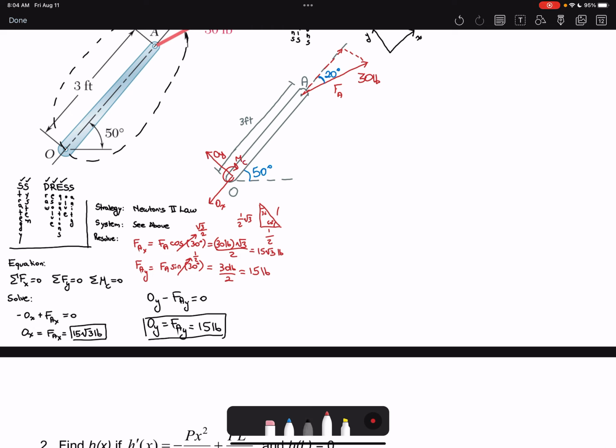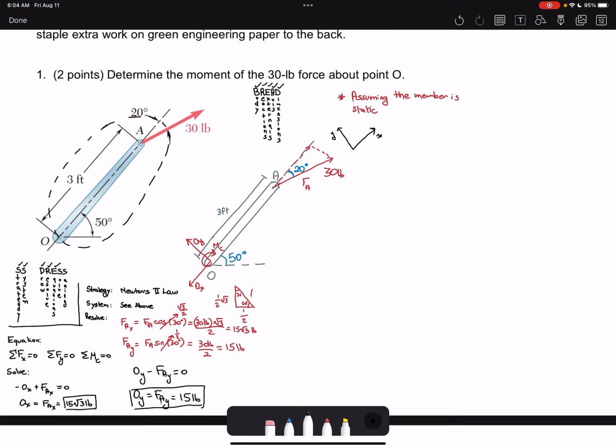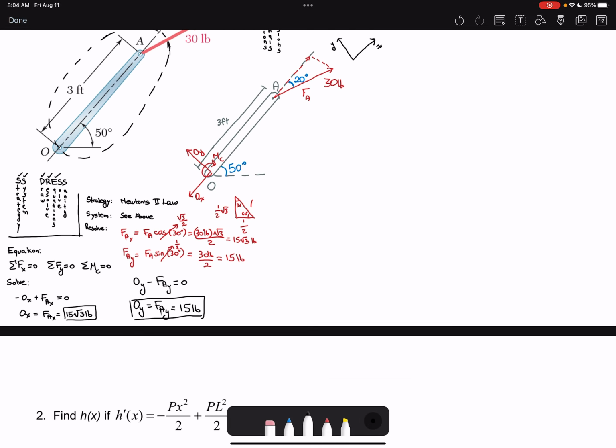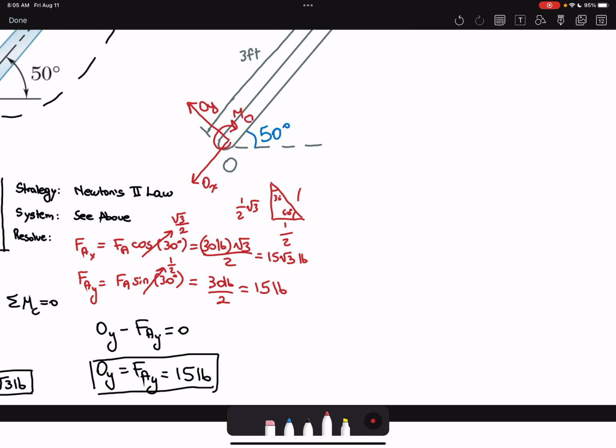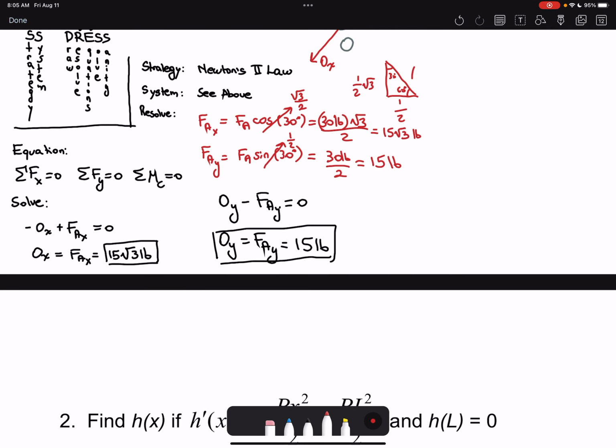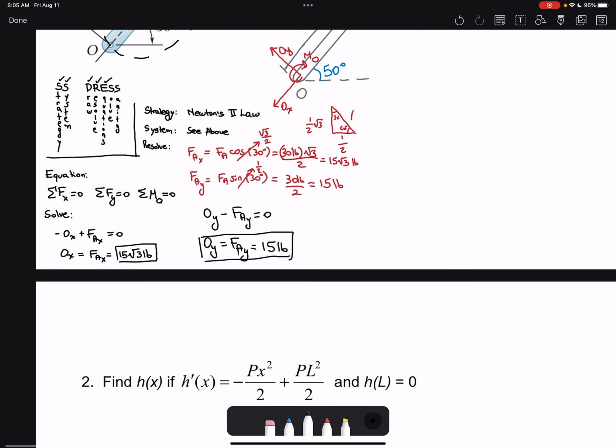And so we're going to say that the moment at O is equal to 0, and what is that? So OY and OX act at O, and I think we wanted the moment at point O, not at C, so I don't know why I put C. We want the moment at point O, so even here we want the moment at point O.